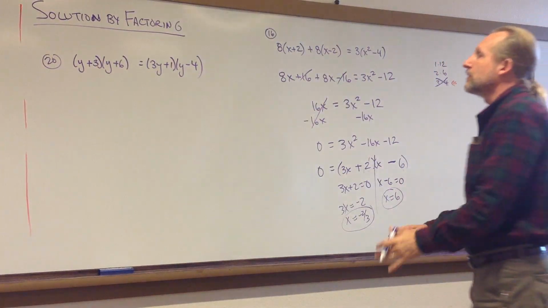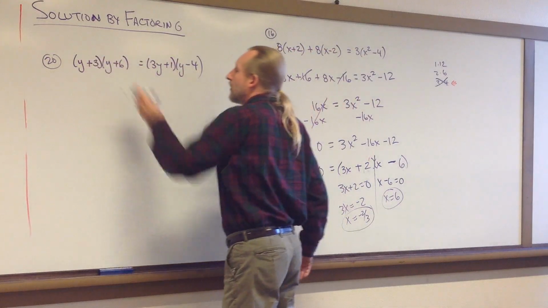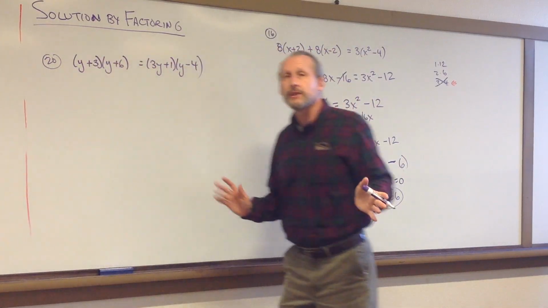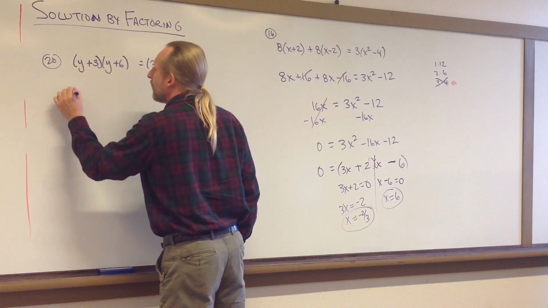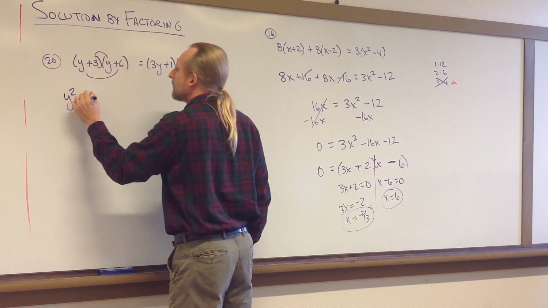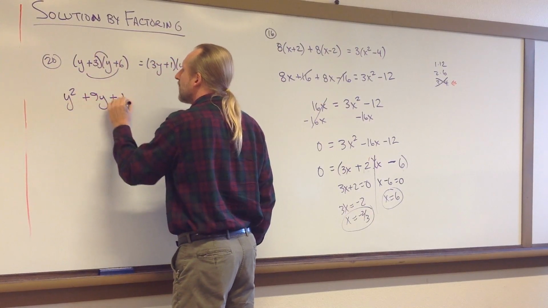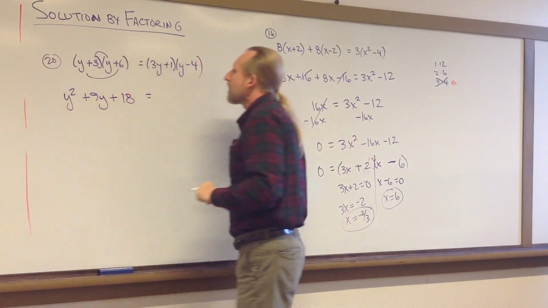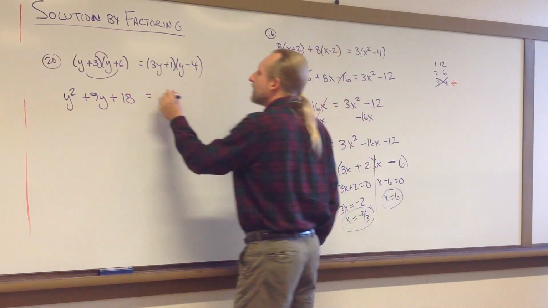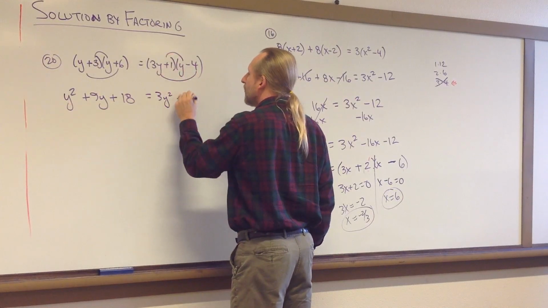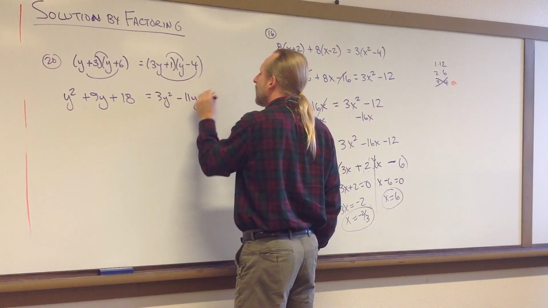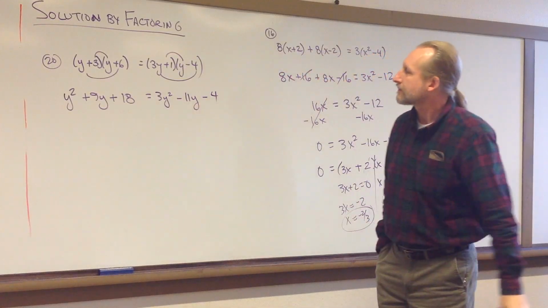We're going to have to multiply this all out, then push everything to one side and factor. So over here, we'll get y squared, 6y and 3y make 9y, plus 18. Over here, 3y squared, minus 12y and plus y, so that's minus 11y, minus 4.